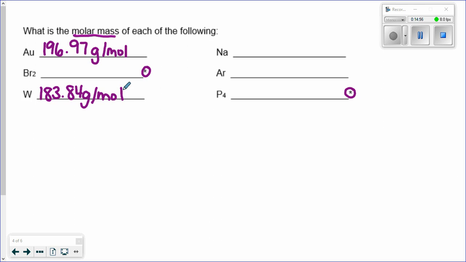Sodium, atomic number 11, is 22.99 grams per mole. Argon, atomic number 18, one of our noble gases, is 39.95 grams per mole. And now back to these star ones.